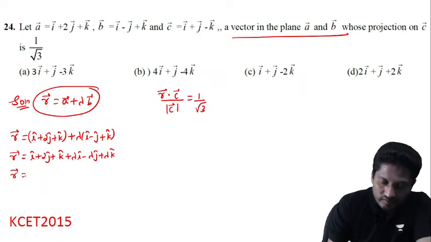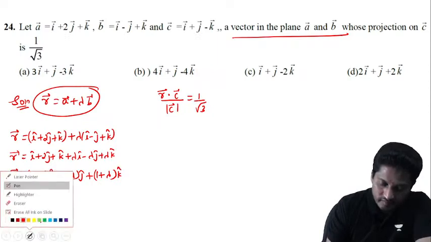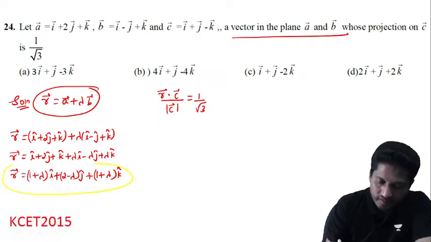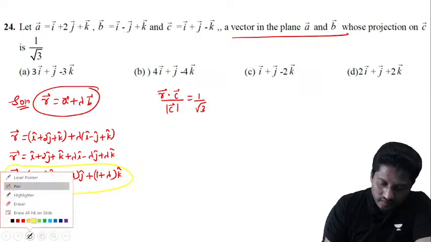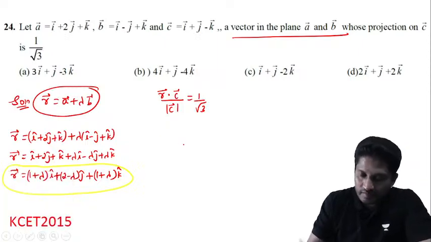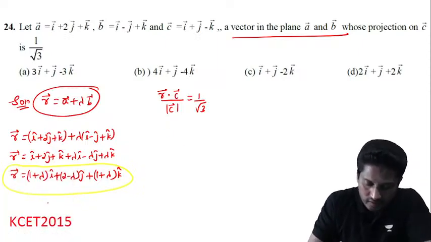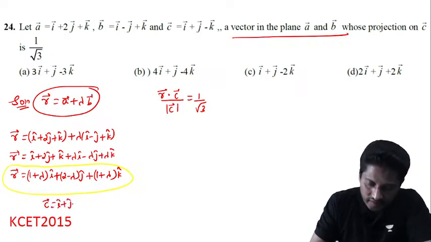So vector R is equal to (1 plus lambda) into i, (2 minus lambda) into j, (1 plus lambda) into k. This is vector r. Now R dot c divided by mod c, where c is equal to i plus j minus k, right?